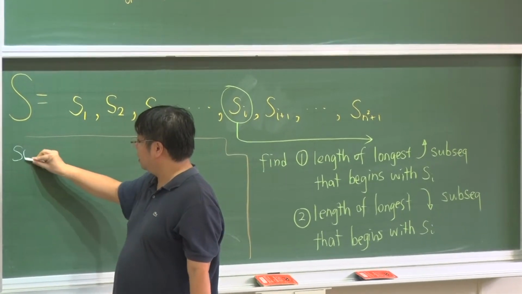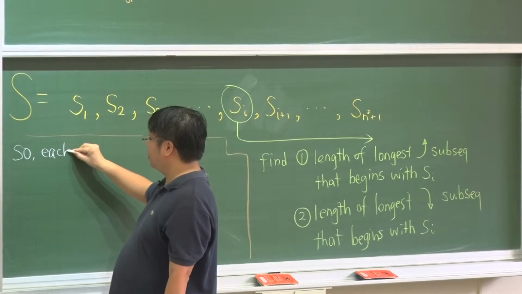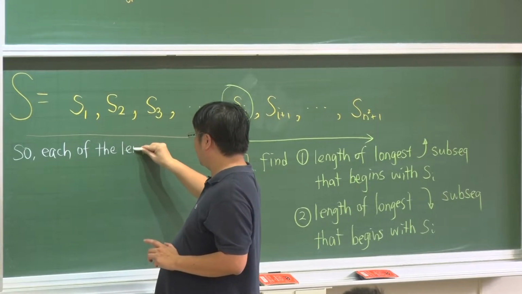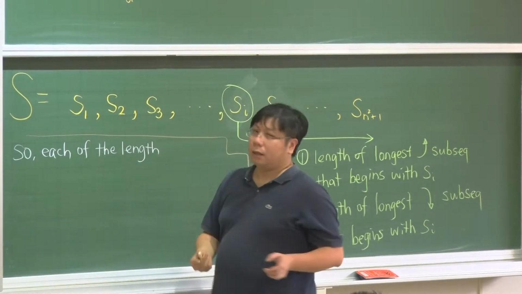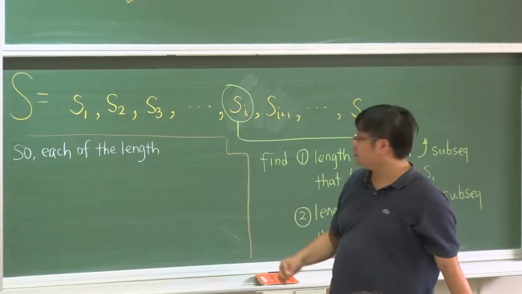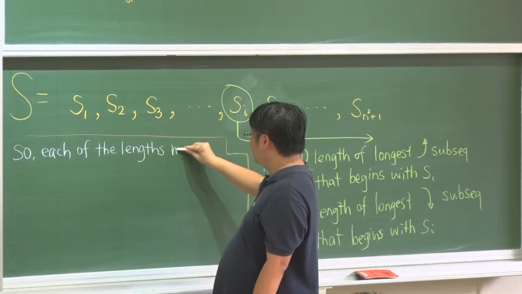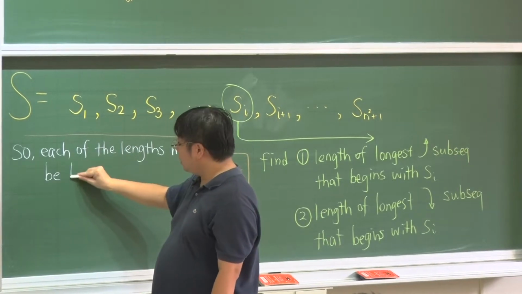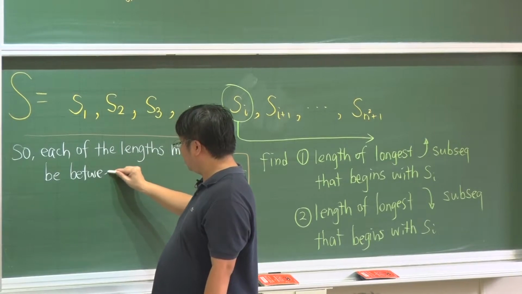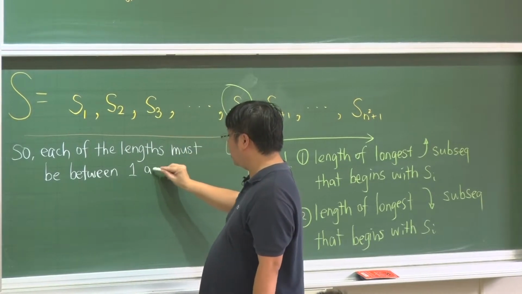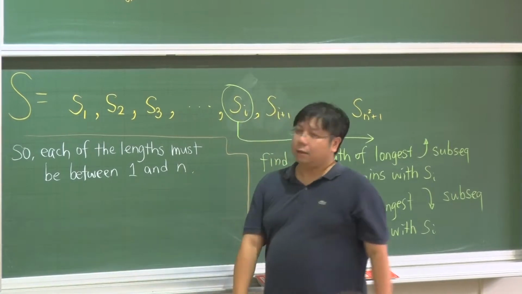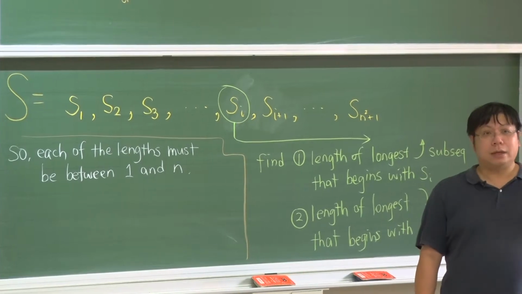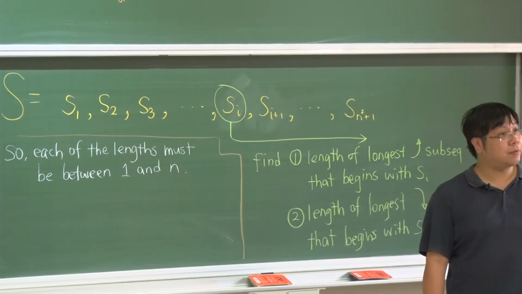Each of the two lengths must be between 1 and n, because there is no increasing subsequence of length n plus 1, and there is no decreasing subsequence of length n plus 1.